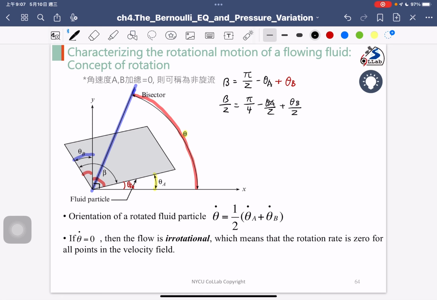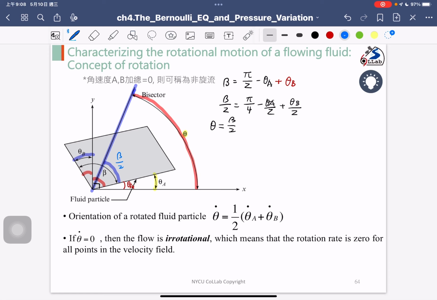If you look at the figures, you know that theta is related to beta over 2, because now we know the bisector line angle here. It is beta over 2, so I just write the number here.